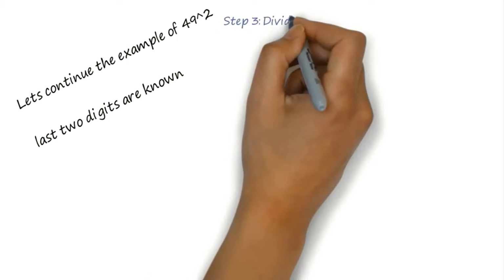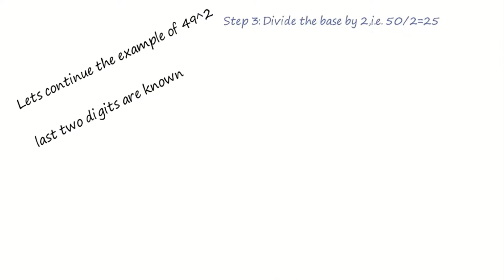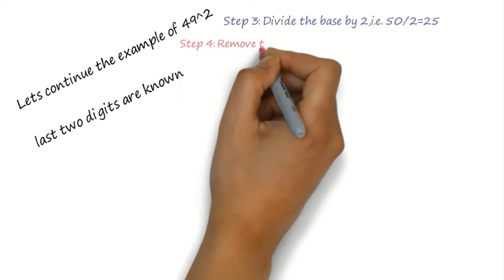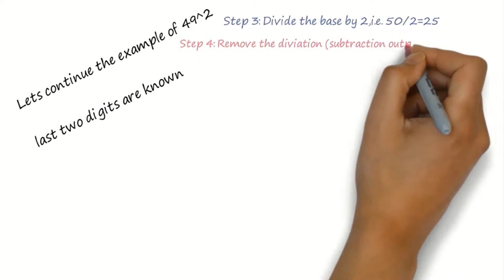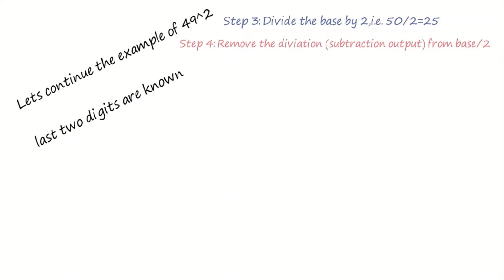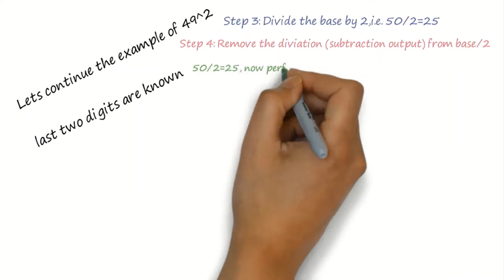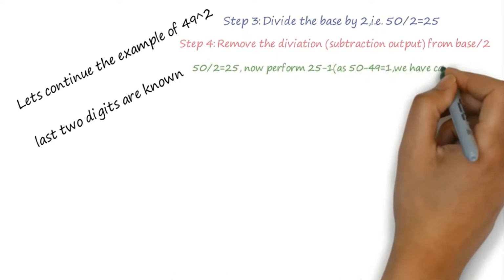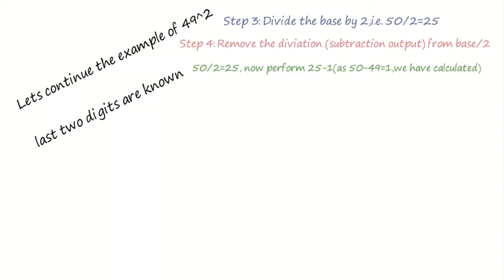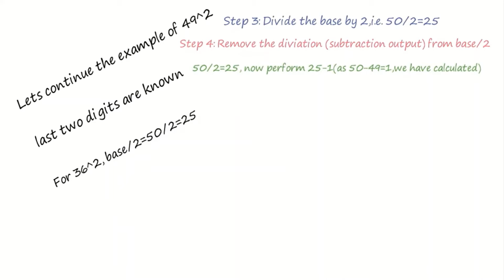Now divide the selected base by 2, that is 50 by 2 is equal to 25. And then remove the deviation, that is the difference between the base and the number to be squared, from the calculated value in step 3, that is base by 2. Since base is 50 for calculating 49 square and 36 square, so we will perform 50 by 2, that is 25 in both the cases.